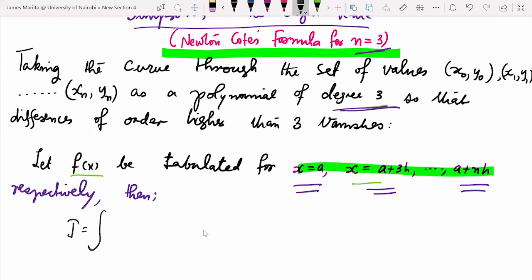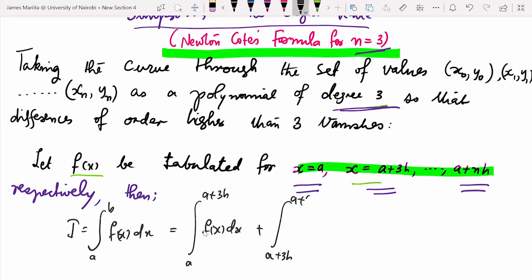This will be a to b of f(x) dx, which will be the same as a to a plus 3h of f(x) dx plus a plus 3h to a plus 6h of f(x) dx plus and so on. Is that okay?